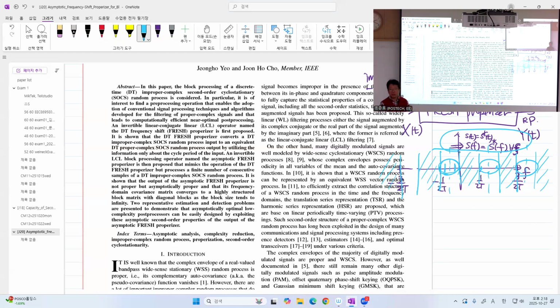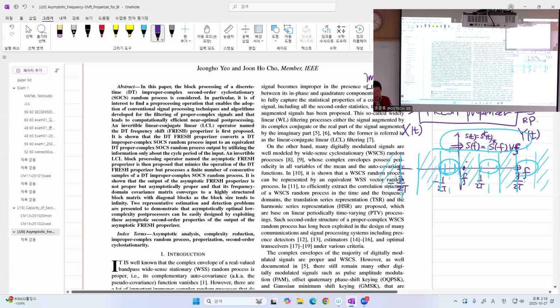And let's see what happens. Why do we do this? The story is like this. Suppose you consider some f0 between 0 and 1 over 4T. Before, when I talked about improper complex random processes, this frequency component was not only correlated with, not that one, sorry.